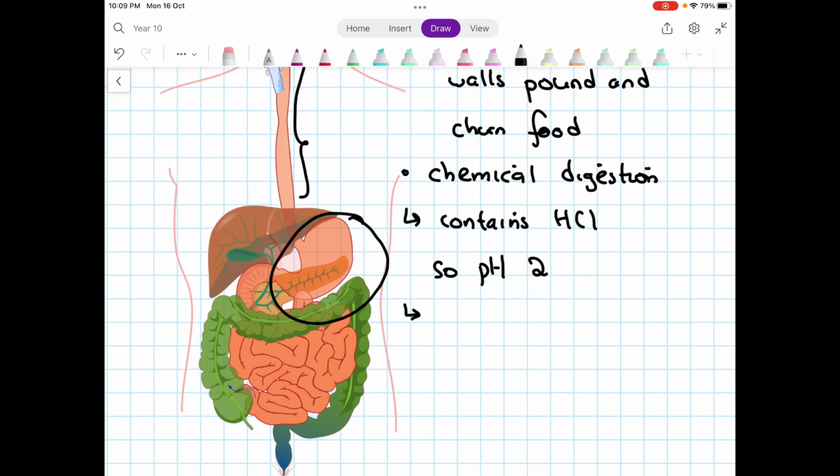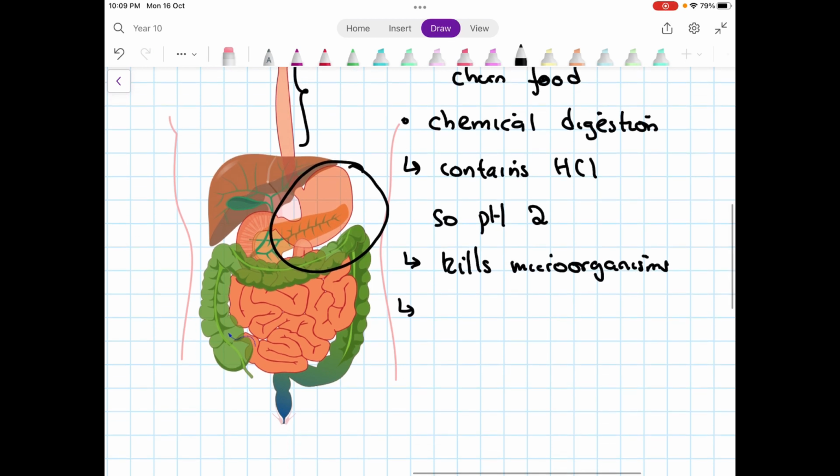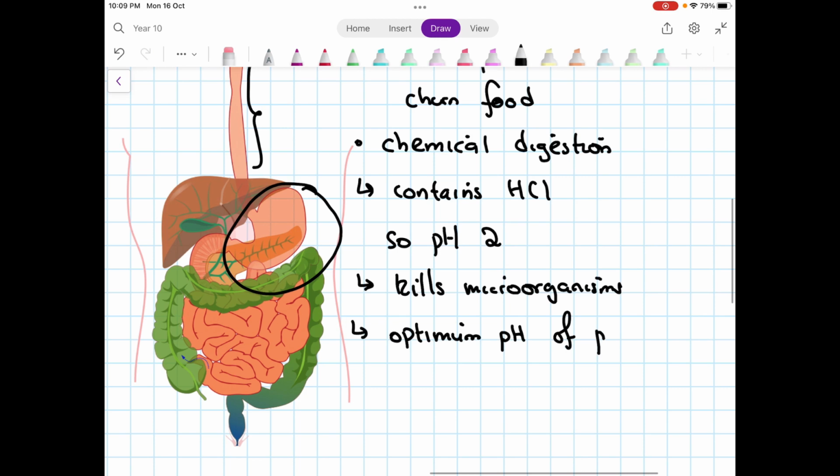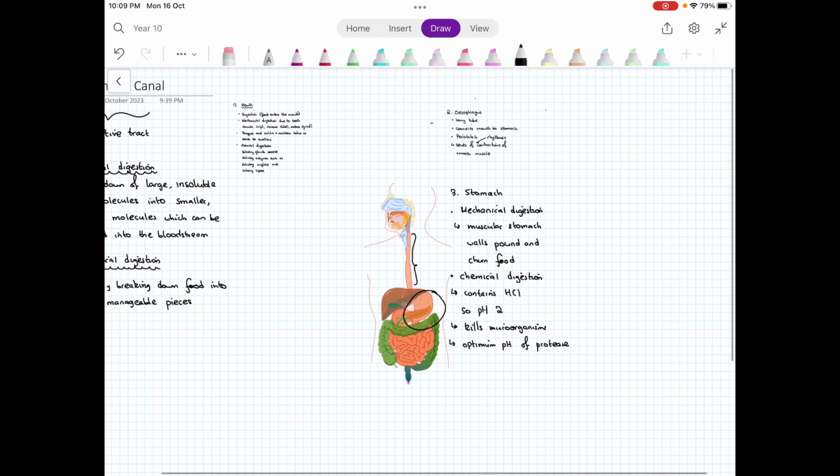First, it kills off any microorganisms by denaturing their enzymes so they can't function. And secondly, pH 2 is around about the optimum pH of gastric protease.